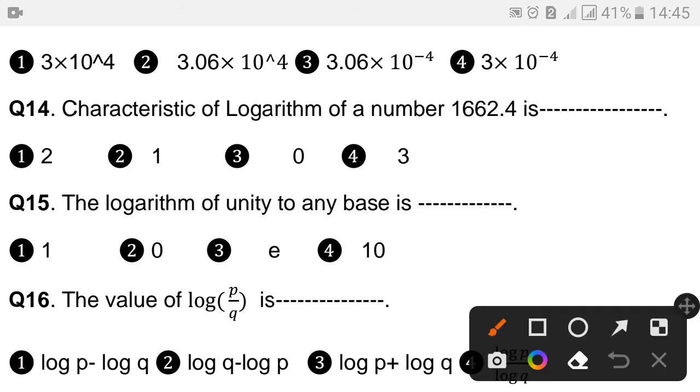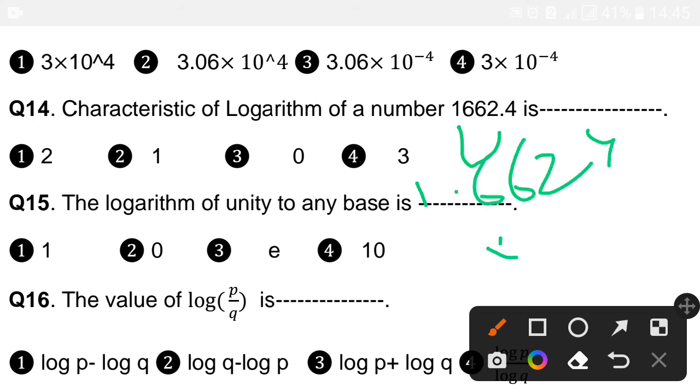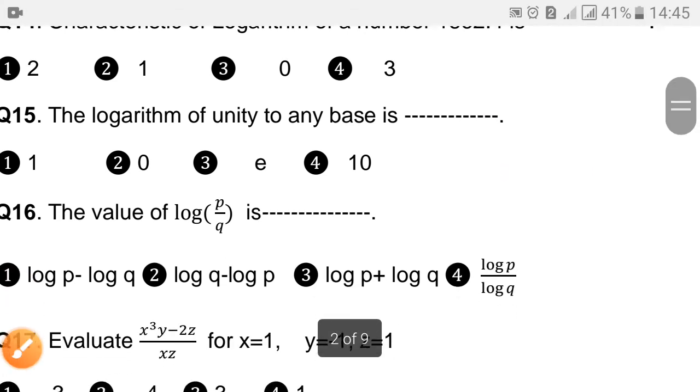So if we change the decimal point to this place, it becomes 1.6624 into 10 power, how much do we have to displace it? 3 positions. So its characteristic is 3. The power of 10 in this case is called the characteristic of the given number.